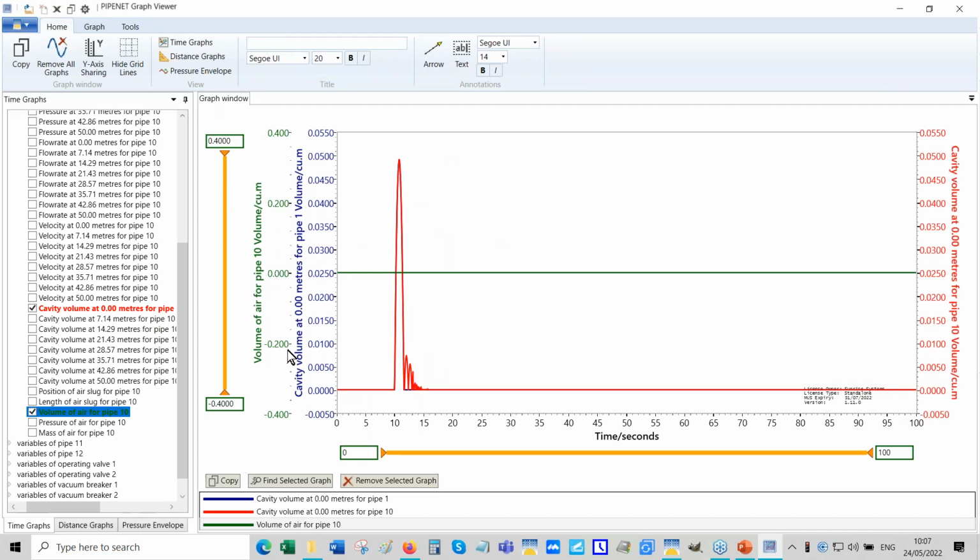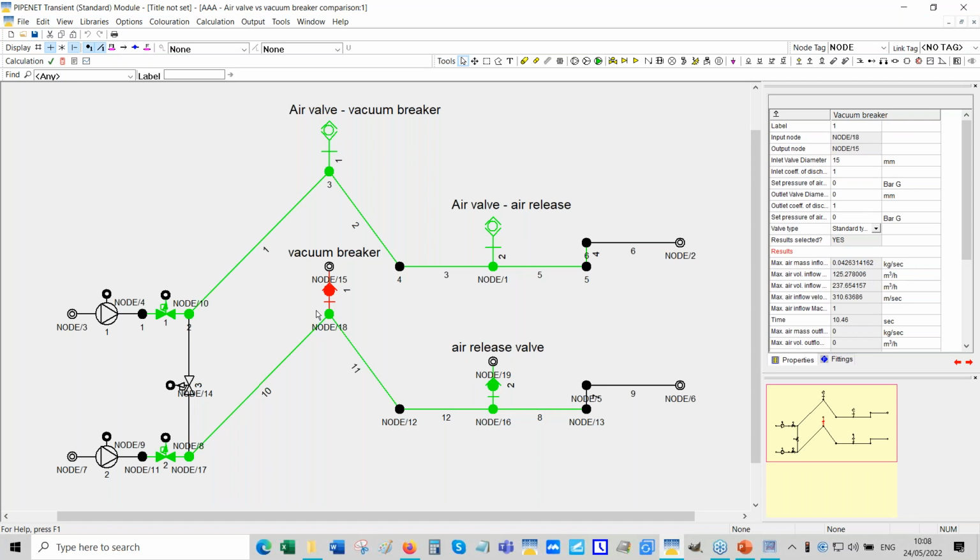See, the volume of air is 0 because we haven't got an air valve, we got a vacuum breaker valve. The vacuum breaker valve does not model how the air goes into the system.